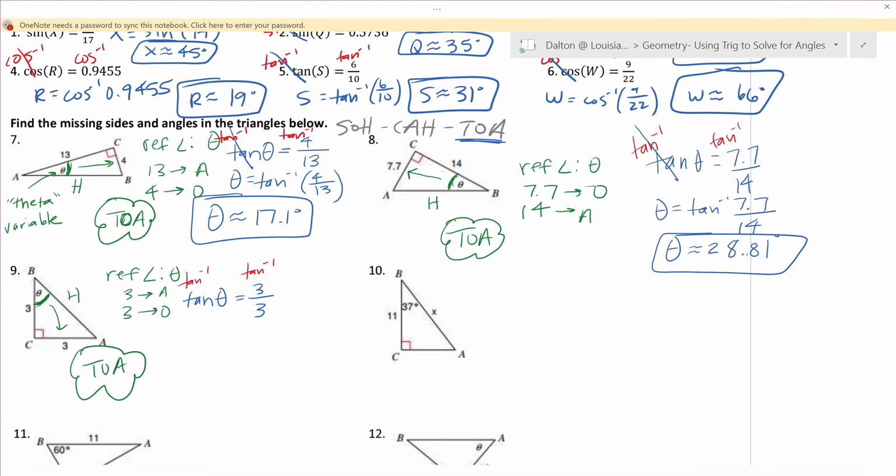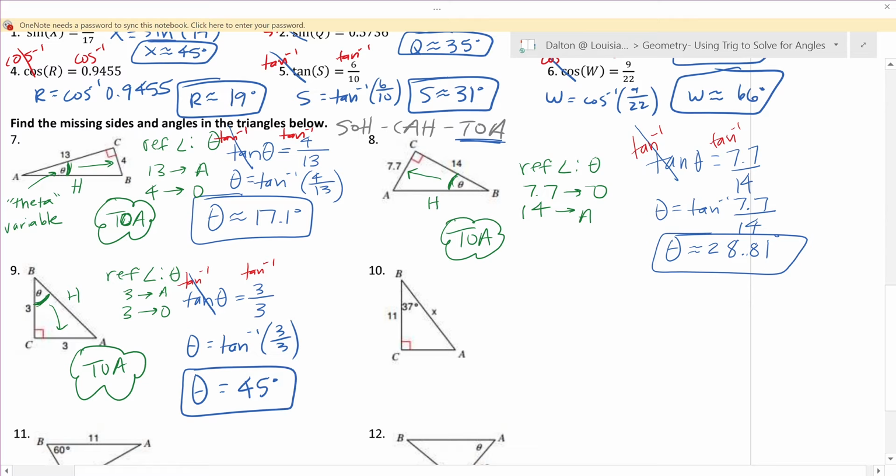On the left side, if we do that, we're left with theta equals tangent inverse of 3 over 3. So in your calculator, you'll hit second tangent, 3 divided by 3, and you should get theta is equal to 45 degrees, which is a lovely number compared to some of our other numbers we've been dealing with, which one day if you take pre-cal, you'll understand why that one's actually nice and pretty.